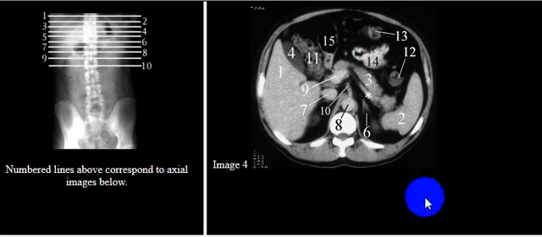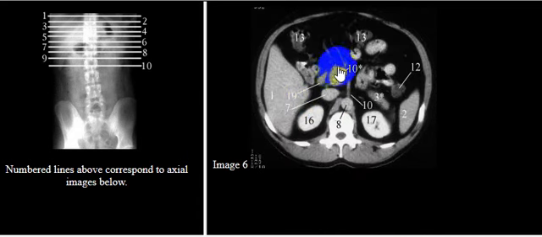This is the head of the pancreas, and this is the duodenum. The blood supply to the duodenum comes from the superior pancreaticoduodenal artery, a branch of the celiac artery, and the inferior pancreaticoduodenal arteries, which are branches of the superior mesenteric artery.